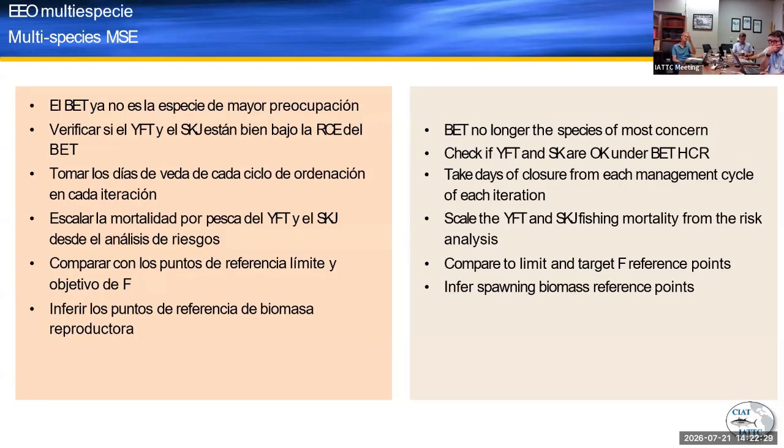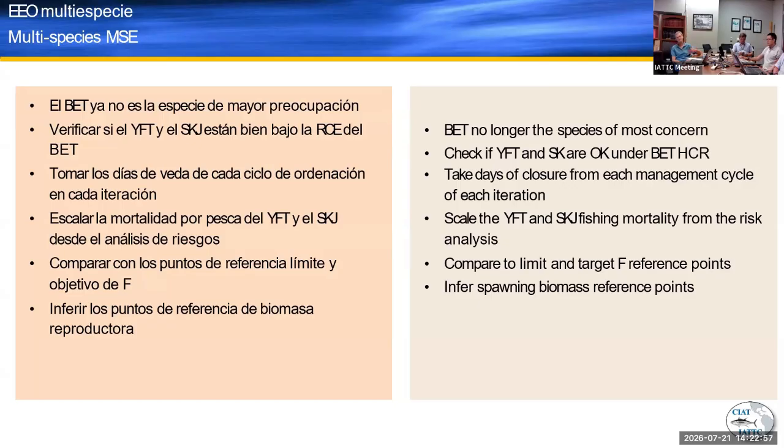So for each management cycle, we took the days of closure, adjusted the fishing mortalities for yellowfin and skipjack, and saw if the resulting fishing mortality would be a concern for the status or the safety of yellowfin and skipjack. That's comparing it to the limit and the target fishing mortality reference points.